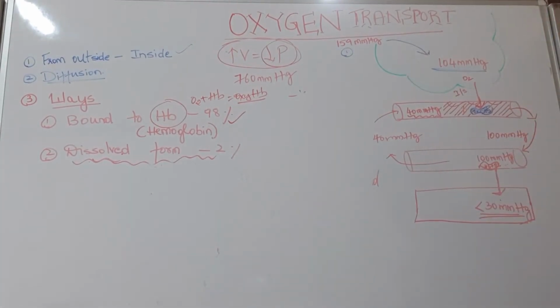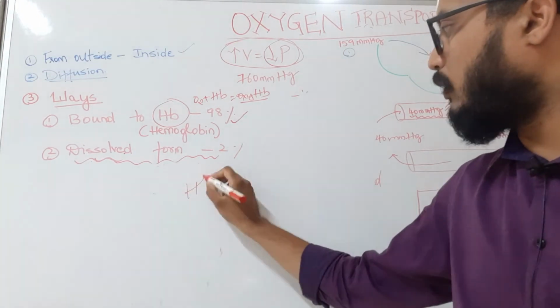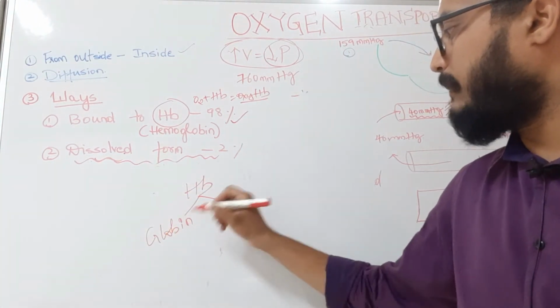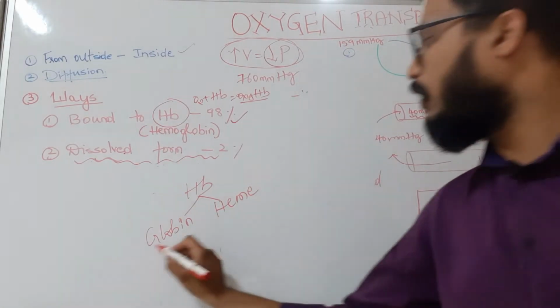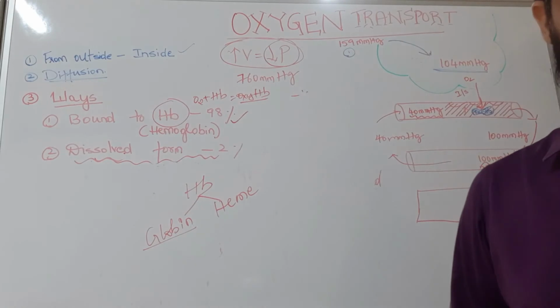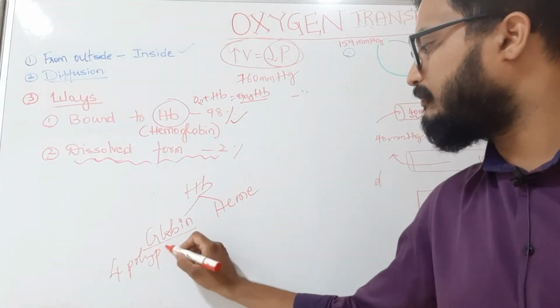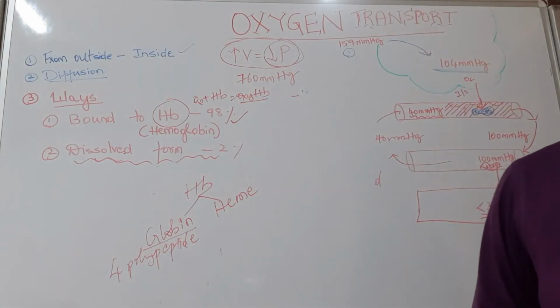So the hemoglobin molecule is composed of 4 polypeptide globin chains. You know, hemoglobin has got a globin part and also the heme part. The globin part is the protein part and it is made up of 4 polypeptide chains.